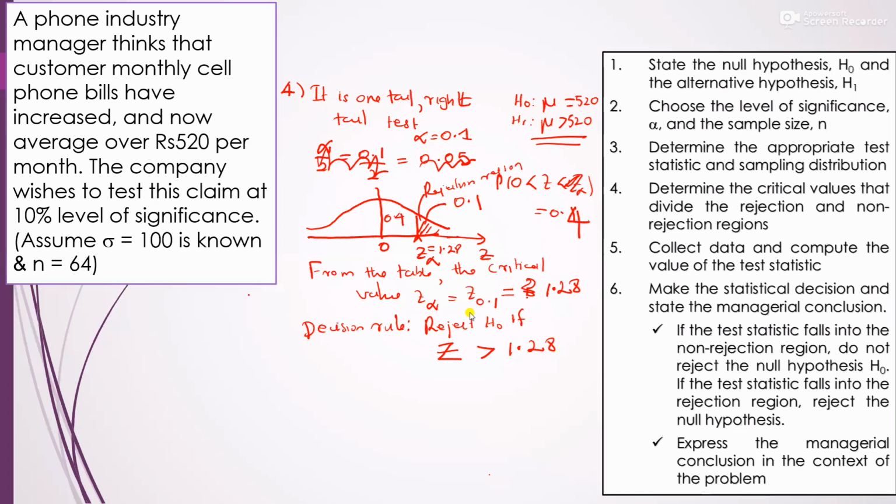And step 5, compute the test statistic. Right? So our test statistic is Z equals X bar minus mu over sigma over square root of n. X bar, the sample mean value, there is a problem, right?